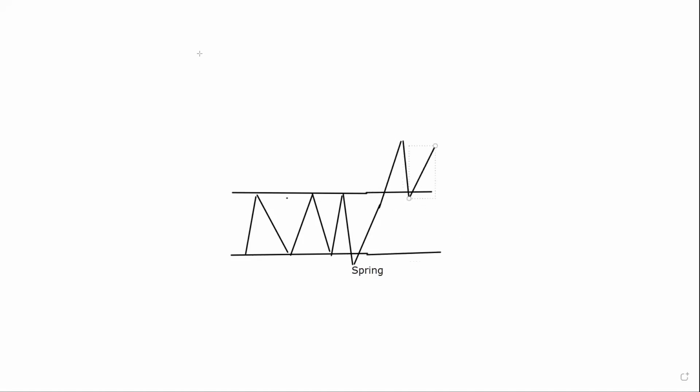Now, why do we call this a spring? Can you tell me why this is spring? This one is support. This one is resistance. Then why do I call it spring when it's a resistance? Because the resistance is broken over here, right?